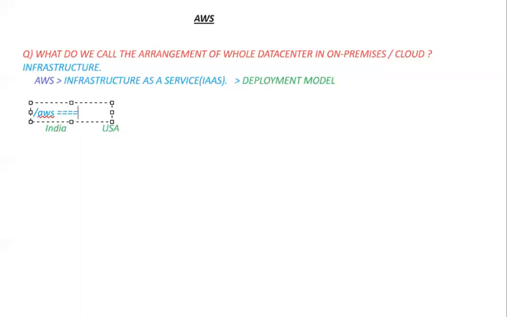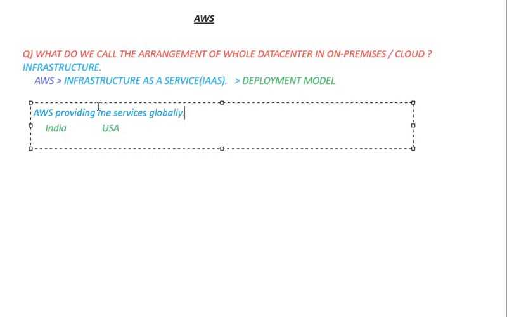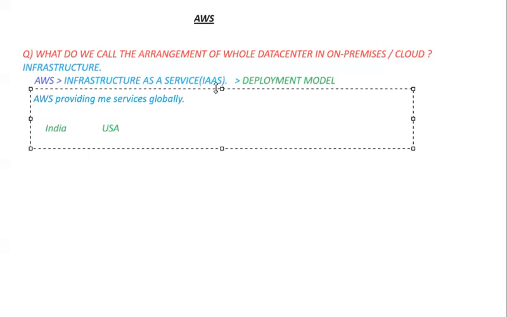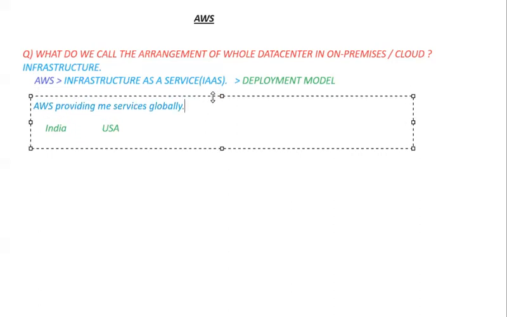Since AWS is providing me the services globally, can I serve the client who is present in USA? Yeah, I am able to provide the service for the client who is present in the USA.